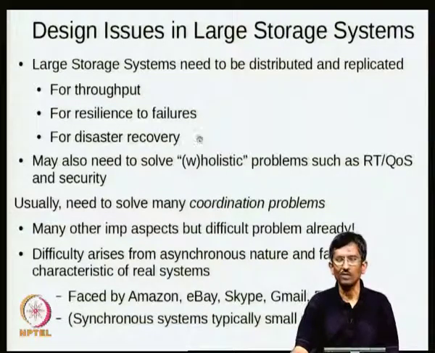For disaster recovery, for example, for banks, there are already regulations which say that you need to have at least two sites which are 30 kilometers apart. That means the information in a bank should be available at least 30 kilometers away.